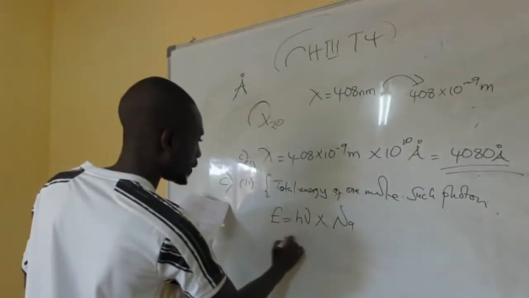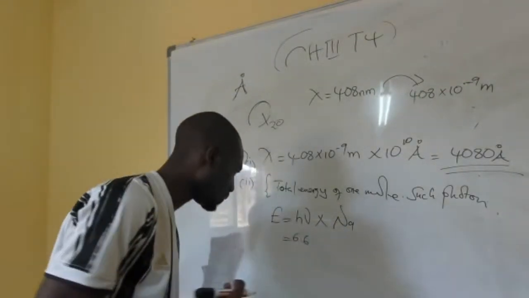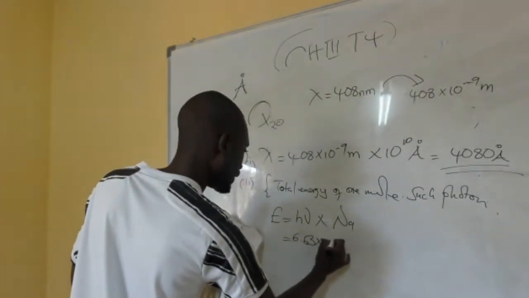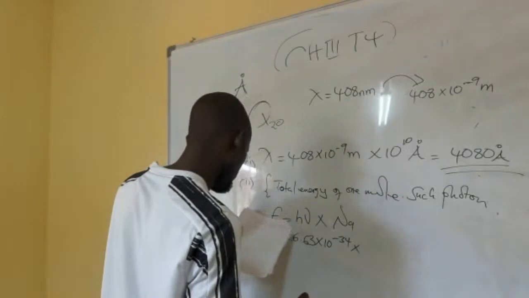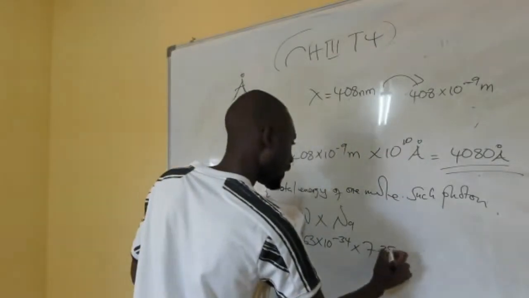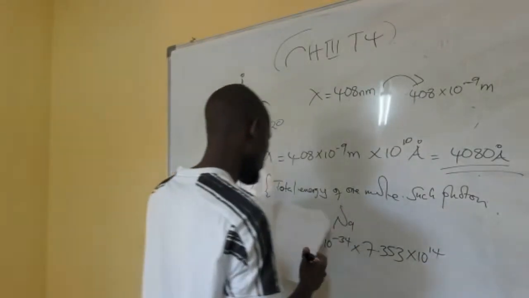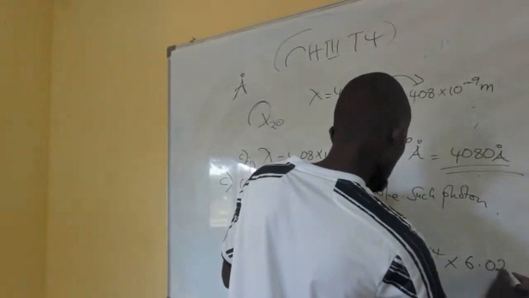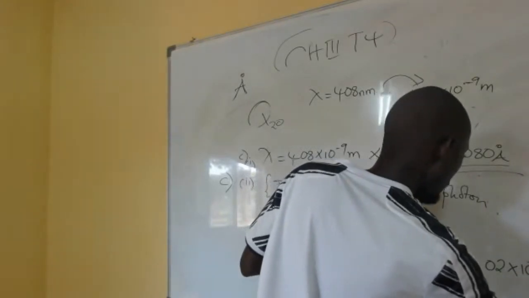The Planck's constant is 6.63 times 10 to the power negative 34, times 7.353 times 10 to the power 14 that we had calculated earlier, then times 6.02 times 10 to the power 23 J per mole.